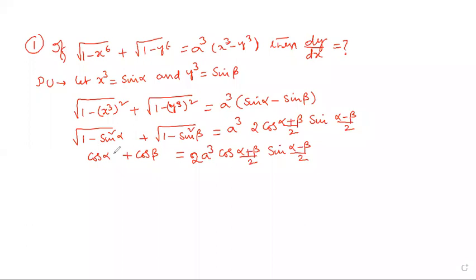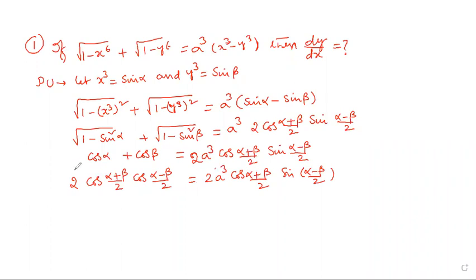Okay? So now write down 2 cos of alpha plus beta by 2 cos of alpha minus beta by 2 is equal to 2a cube cos of alpha plus beta by 2 into sine of alpha minus beta by 2. Okay? So here the 2 cancels.